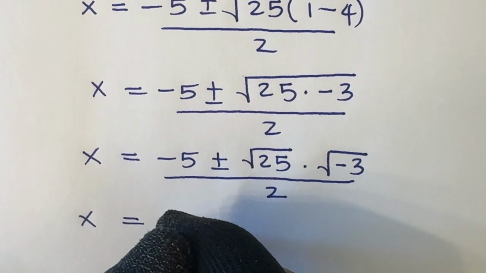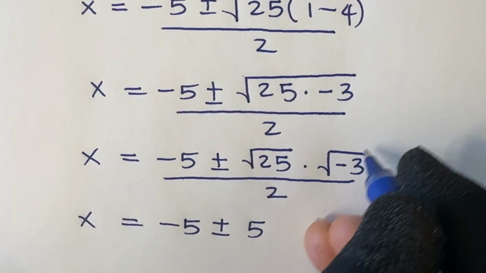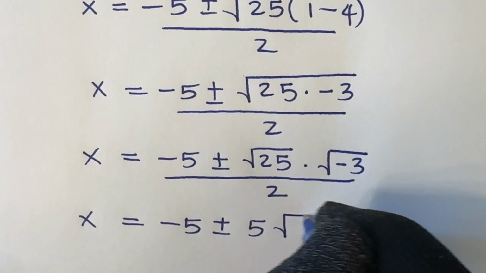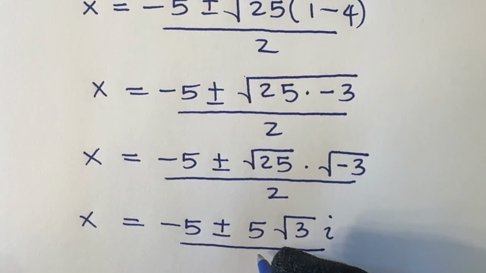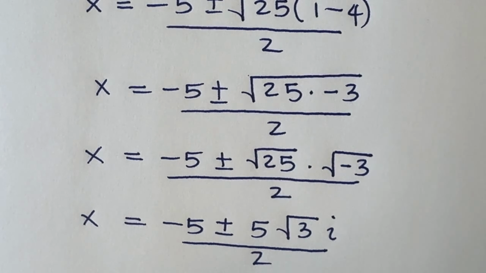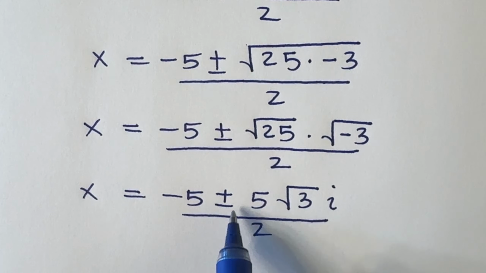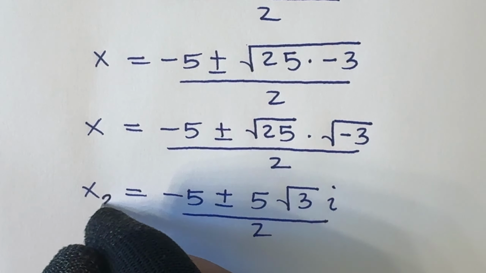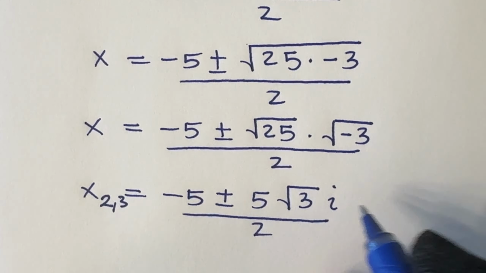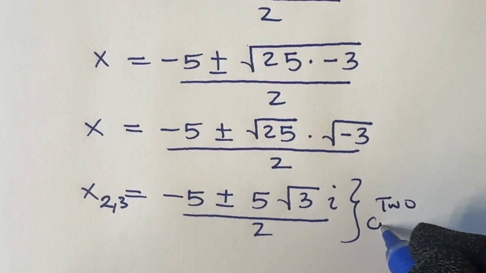X is going to be minus 5 plus or minus 5 root 3i, divided by 2. Since we already got x1 and now we have another solution, because of this plus or minus, we're going to have two solutions in one. So I'm going to call this x2 comma 3. So in this we have two complex solutions.